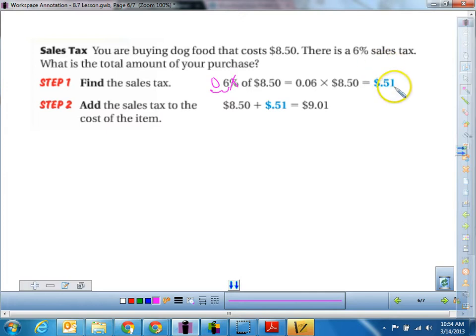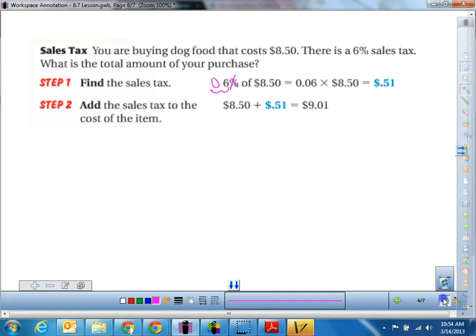There's 51 cents in tax that I'm going to have to pay in addition to this $8.50 for the hot dog. So I have my original price of the hot dog plus the tax for a grand total of $9.01 for that hot dog. So sales tax is the exact same thing as finding percent of a number. There's no difference. It's just a little bit different terminology.